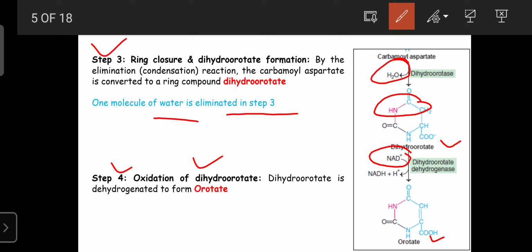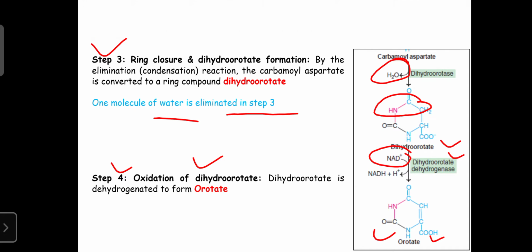NAD can use the hydrogen ion in the presence of the enzyme dihydroorotate dehydrogenase. That enzyme can oxidize the dihydroorotate by utilization of the NAD. Here the proton acceptor is NAD, so NAD becomes NADH plus. That is responsible for the formation of the orotate from the dihydroorotate. That's why in step 4, the oxidation of the dihydroorotate occurs and forms the orotate.